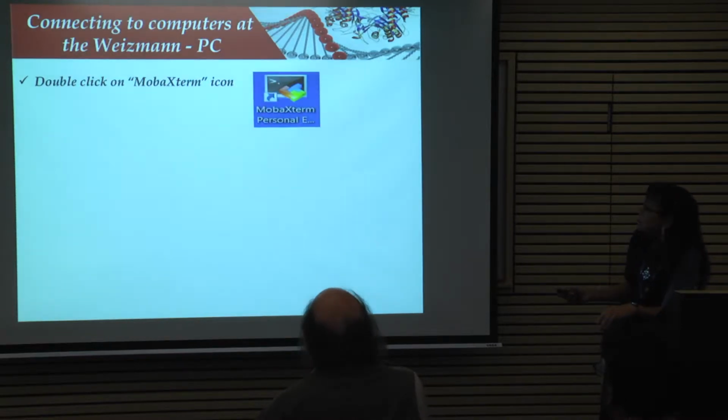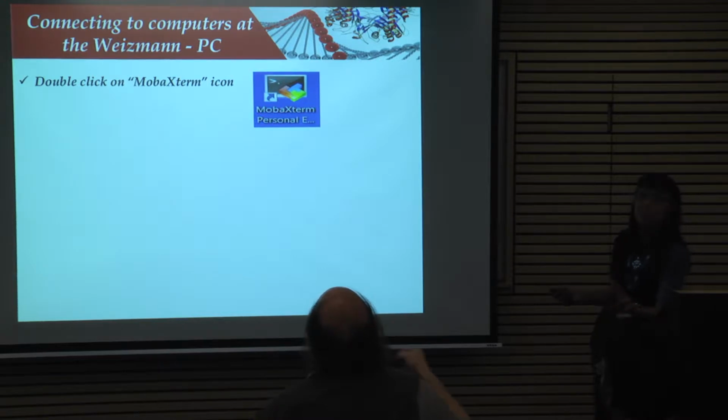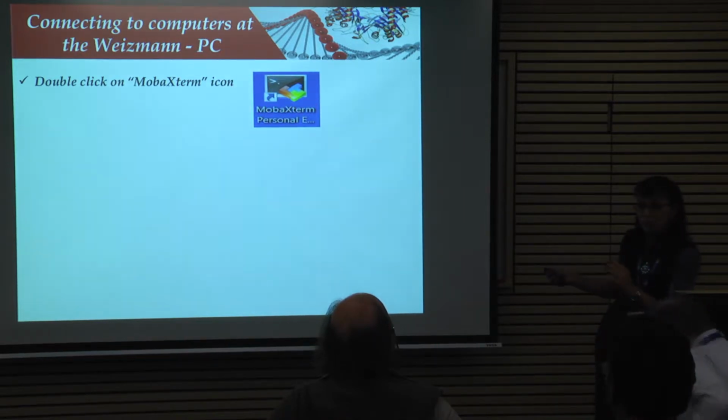14 of the computers, 16 actually, are PCs, right? And we have 2 Macs, and some of the Weizmann Institute people brought their own Mac. So we have different setups for remote data collection.